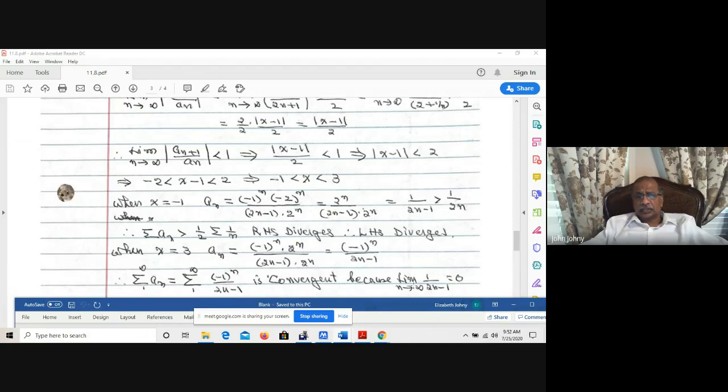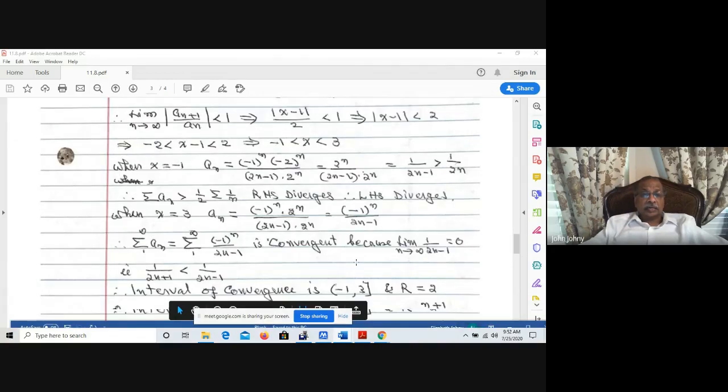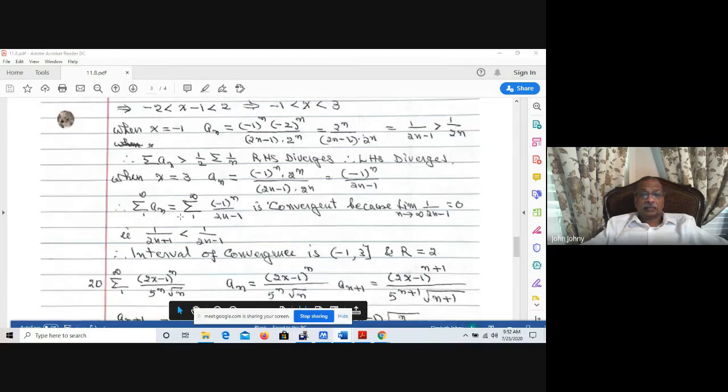Limit a_n is 0, limit b_n is 0, and it is a decreasing sequence. a_(n+1) is less than a_n, because 1 over 2n plus 1 is less than 1 over 2n minus 1. We have seen these kinds of questions several times in the past.